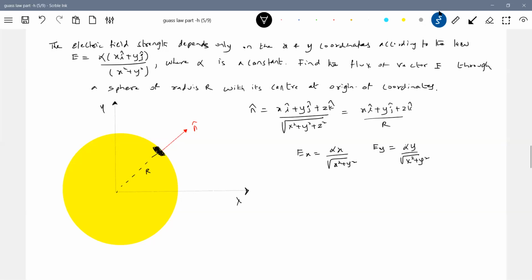It's asking for flux, so let this be the elemental surface ds. First we'll calculate the flux linking this elemental surface, then we'll integrate to get the total.